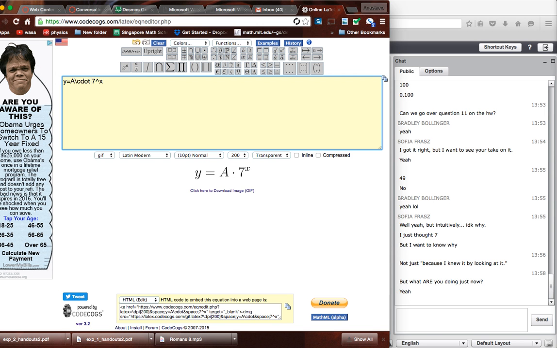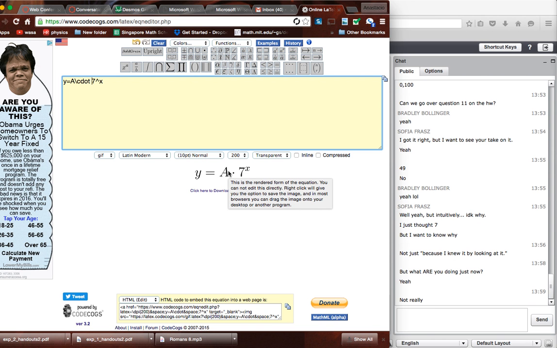Cool? Now what we can do is, in order to figure out what A is, we can do the exact same thing we did to any graph. All I want you to do is tell me a single point that is on this graph. I know what R is, right? And you understand why I got R is equal to 7, right? That's nothing big, right? I guess the big question we're trying to figure out is, what is A equal to?